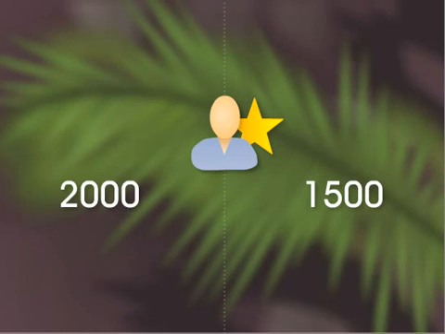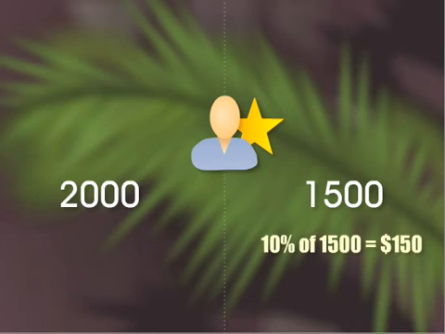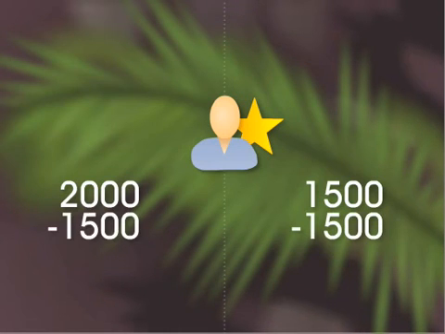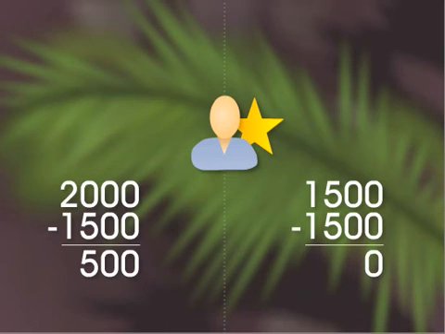Our team commission is up to 10% of our lesser leg, which this week is our right leg. So let's take 10% of $1,500, which is $150 paid to you. We subtract 1,500 points from each leg, which leaves 0 points on our right leg, and 500 points on our left leg, which will carry over to the following week.